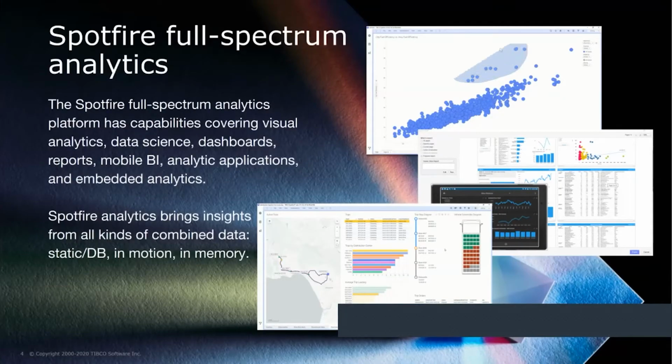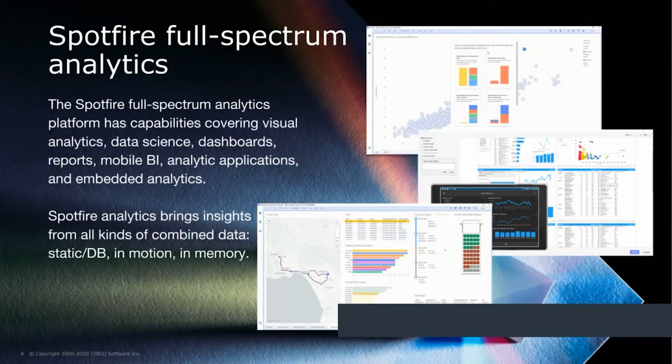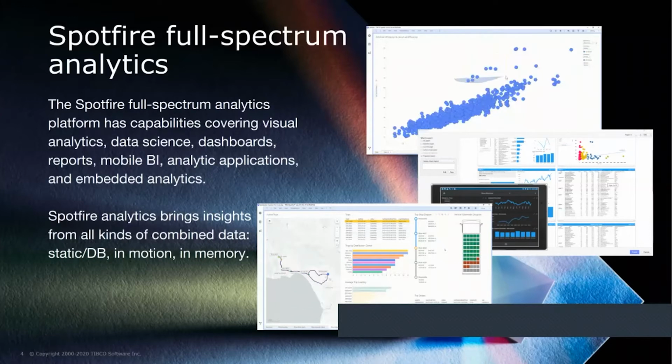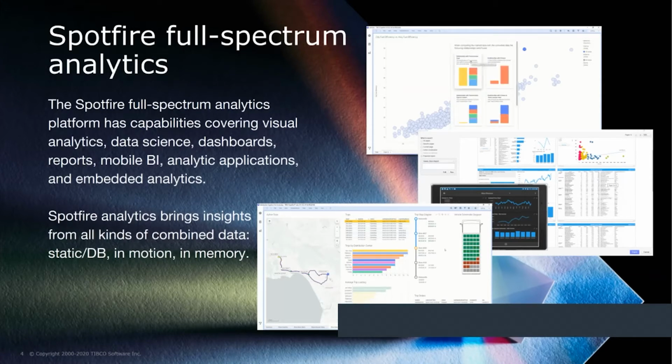So let's start to look at Spotfire. Spotfire is a full spectrum analytical platform. So not only ad hoc data exploration with visual analytics, but it also has AI and machine learning capabilities.